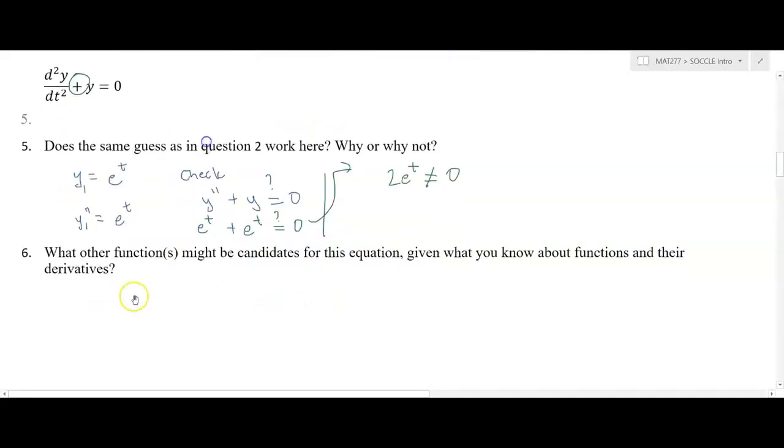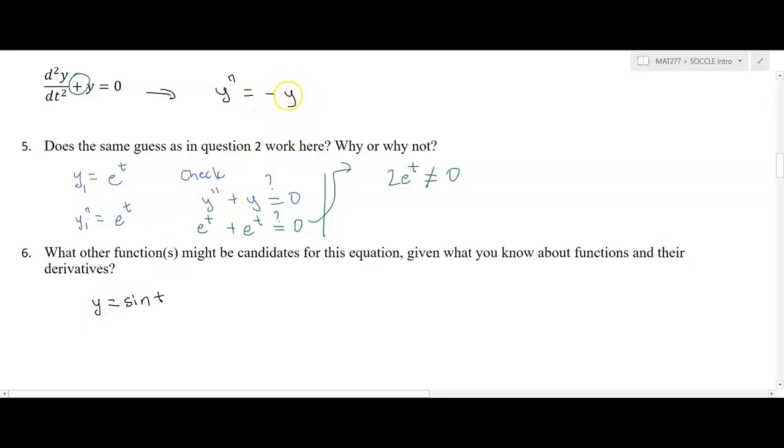Well, how about sine and cosine? Well, if I picked y equals sine of t, now another key here is that if you rearrange this equation, it says the second derivative has to be equal to the negative of y. Now all that means is it just has to have the opposite sign as y does.